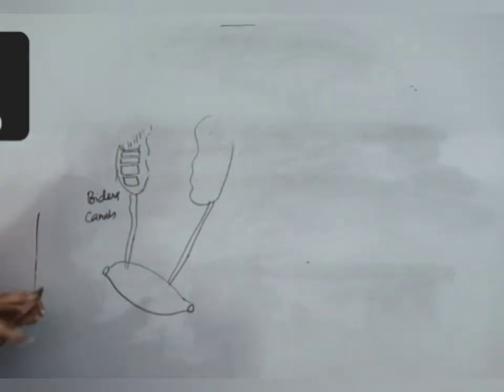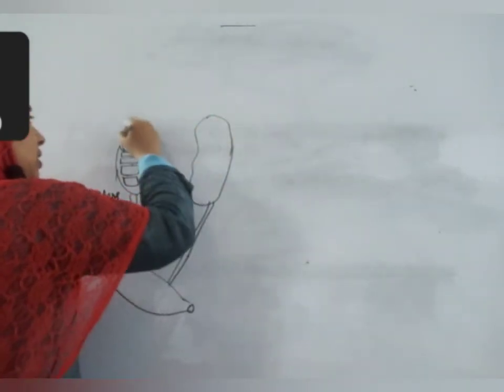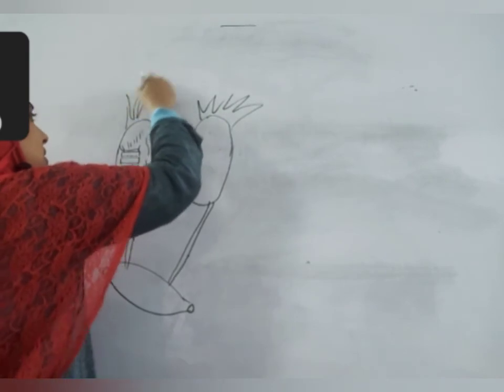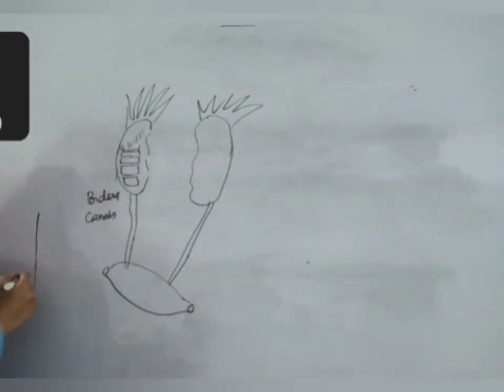Okay, the kidneys are having the fat bodies like this, which move freely.